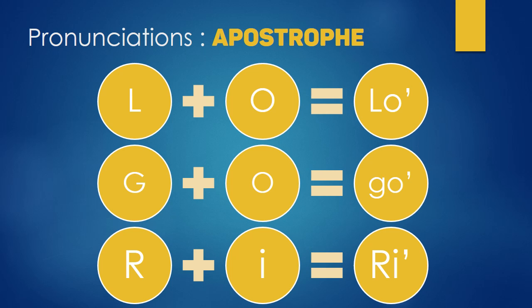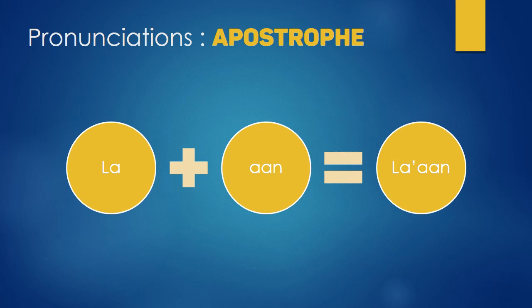Oftentimes you'll see two vowels that are different, and sometimes the apostrophe is used with it. Let me give you another example. In Somali, you can have either one vowel or two vowels. There are no three vowels.